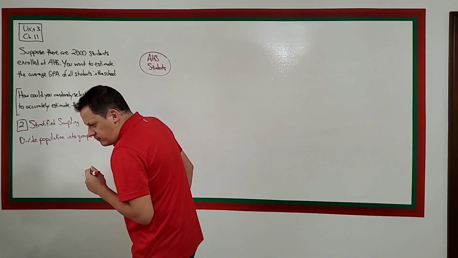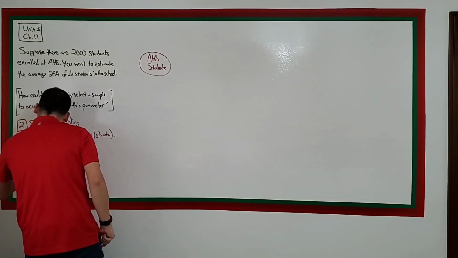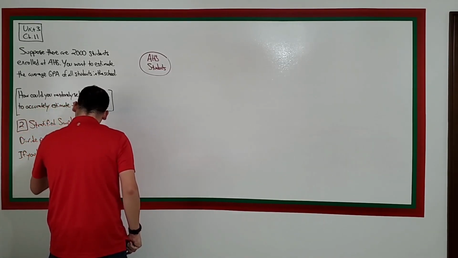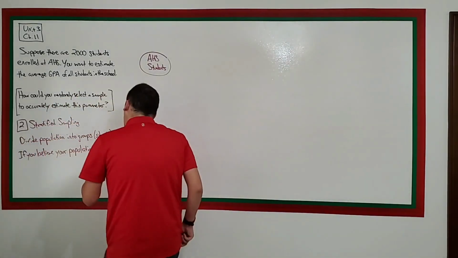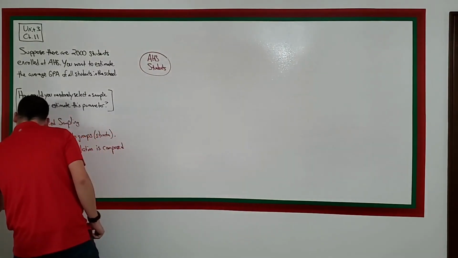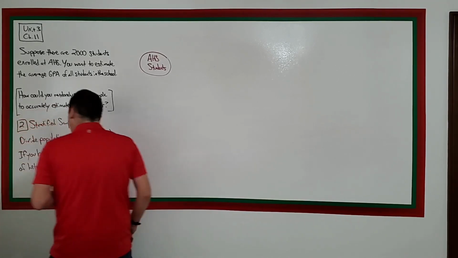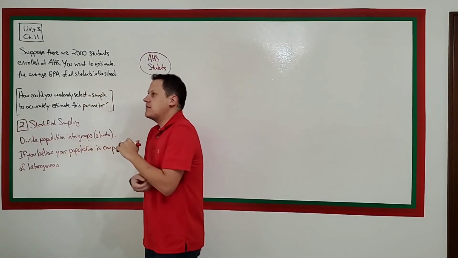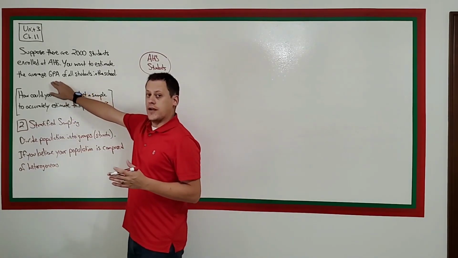So if you believe your population is composed of heterogeneous groups, and heterogeneous meaning they're different from each other with respect to the variable you're looking at.